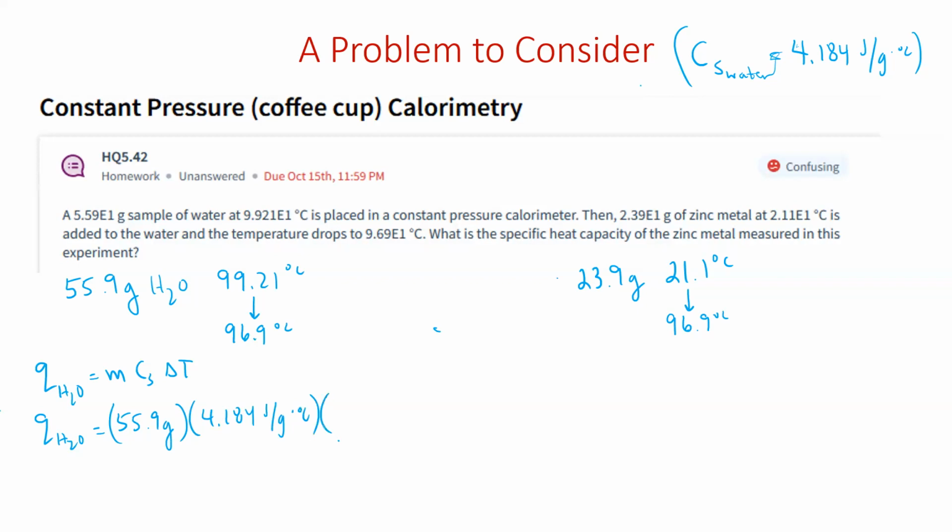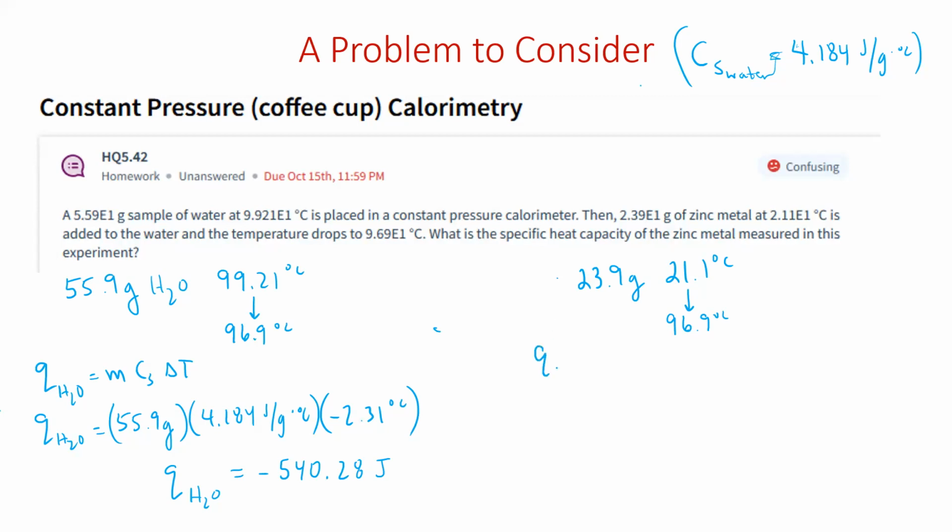And my delta T for the water is negative 2.31 degrees Celsius. So we multiply those all together. Q for the water is negative 540.28 joules. So that tells us the water lost 540.28 joules of energy.